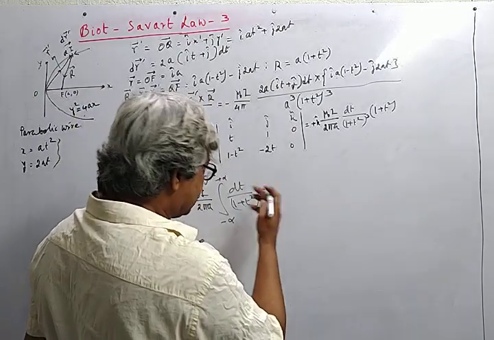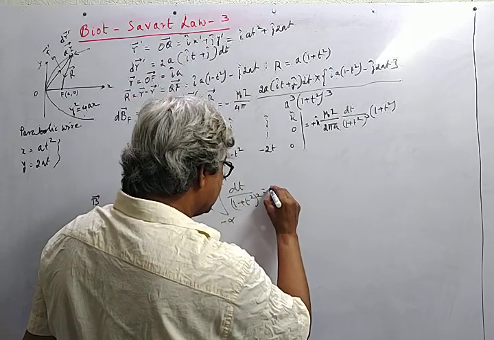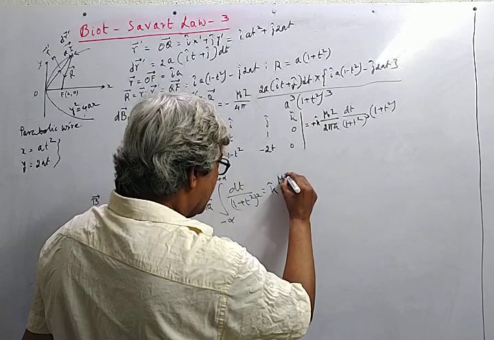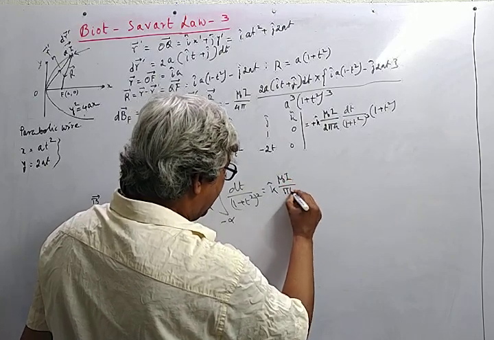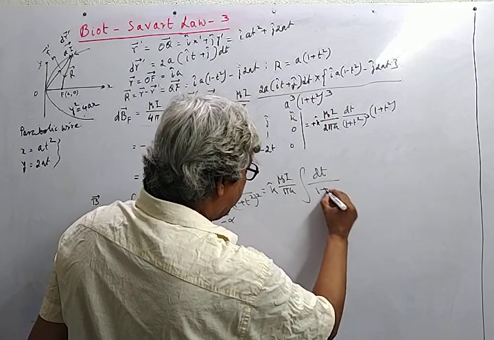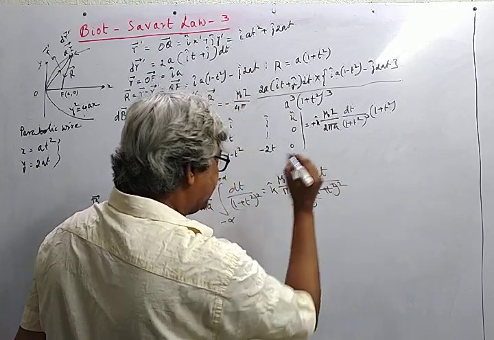Since the integrand is even, we replace it by 2 and the result is mu 0 I by pi a, integral of dt over 1 plus t square whole square, from 0 to infinity.